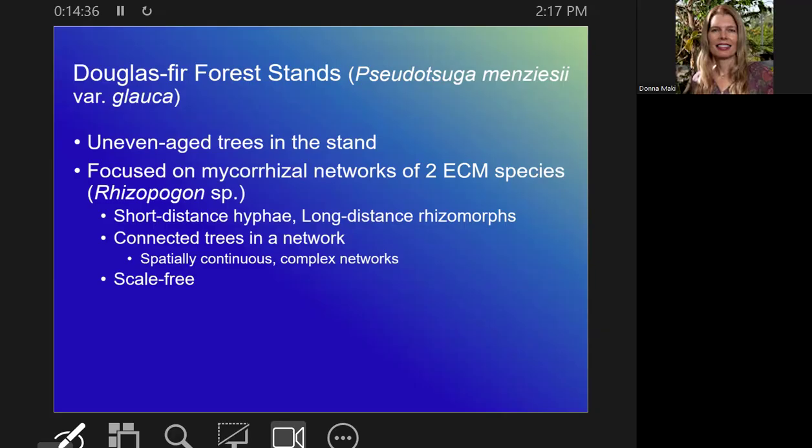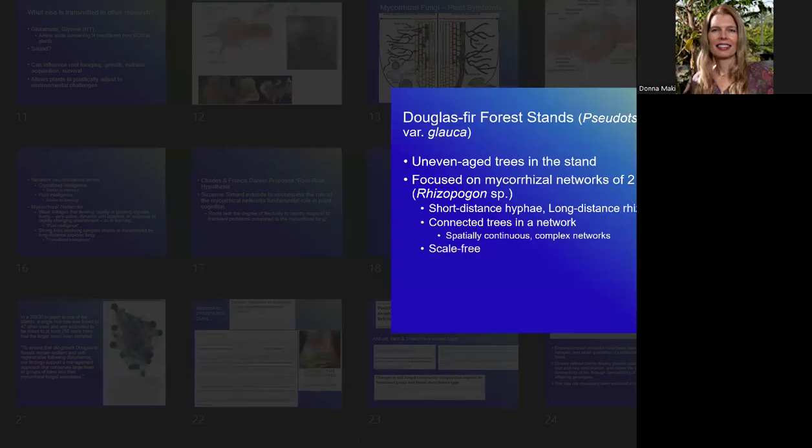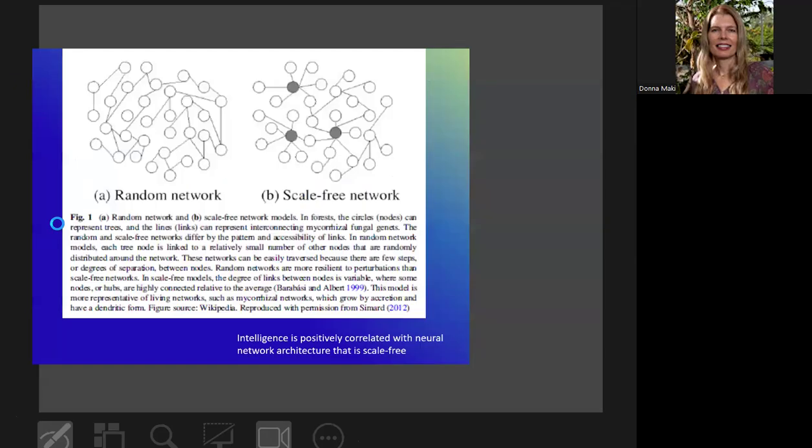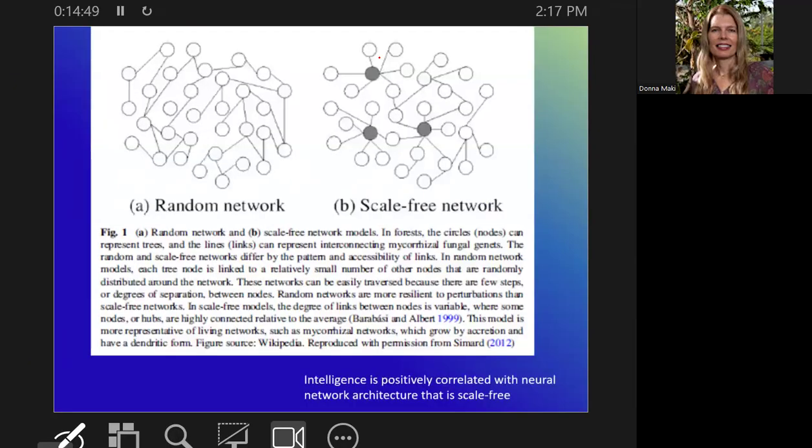And so when she was doing all this work initially, she did show that these forested systems with these uneven aged Douglas fir do that scale-free idea.